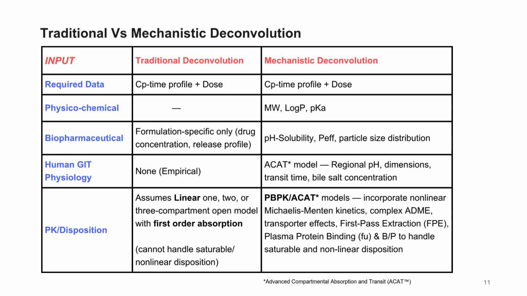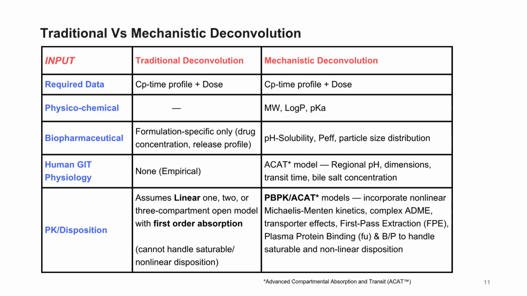Mechanistic deconvolution using PBPK-ACAT modeling requires significantly more information but yields far richer insights. It requires the drug's intrinsic physicochemical properties, such as molecular weight, log P and pKa, biopharmaceutical properties such as pH solubility, effective permeability, and particle size distribution.